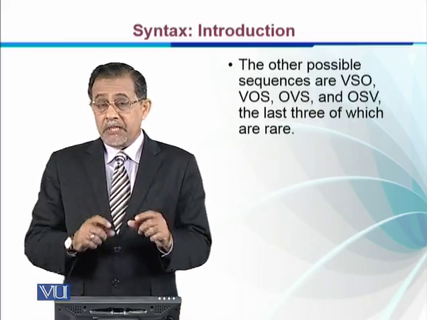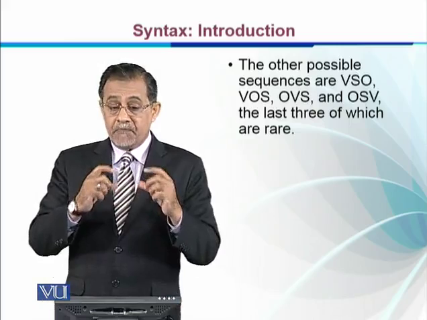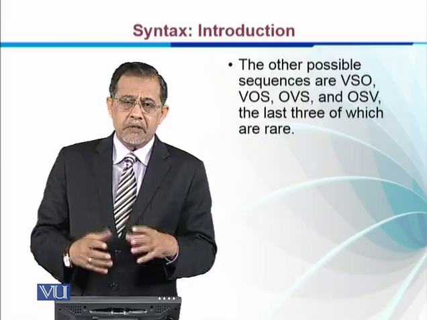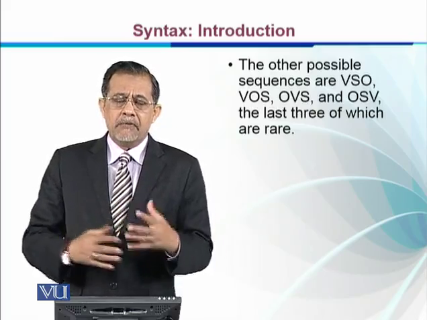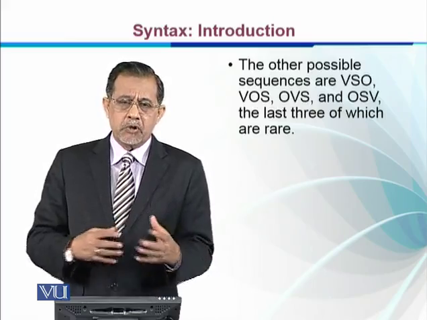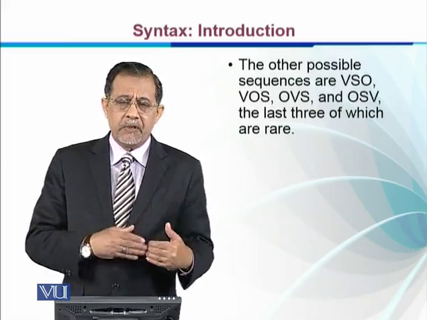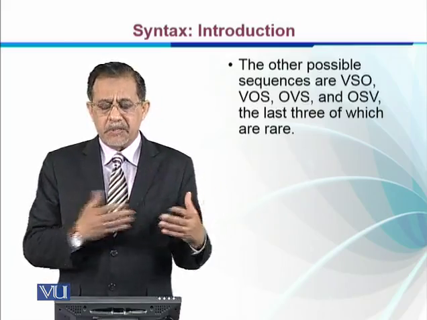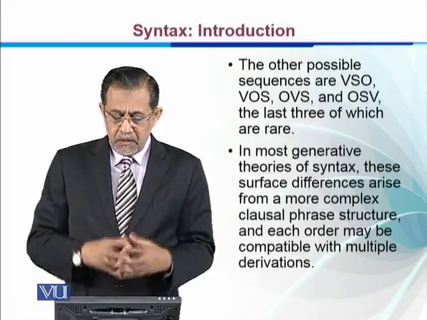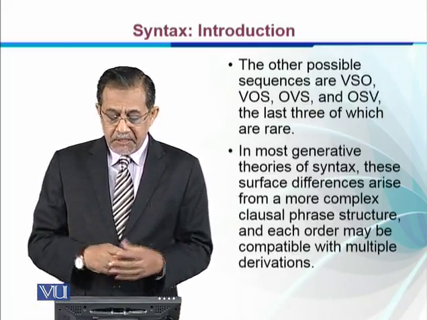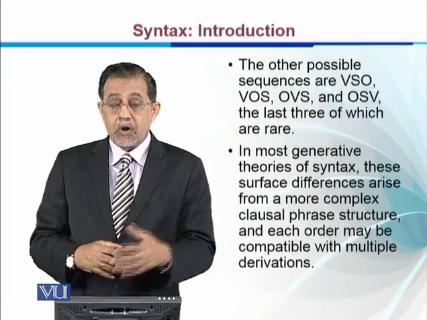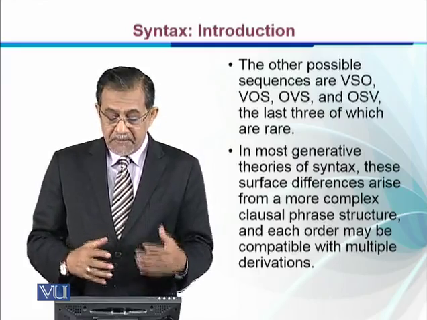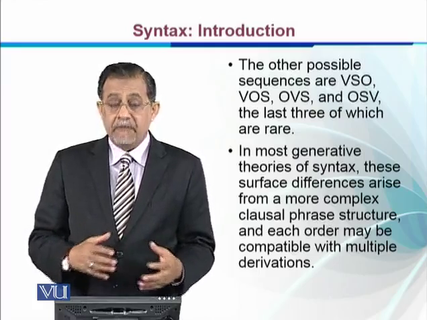When we are talking about this arrangement, we mean that this is the syntax, the usual order of the sentence. However, sometimes even in English, for style purposes, we change the places of these elements: the subject goes to the end, the verb comes first, etc. In most generative theories of syntax, these surface differences arise from a more complex clausal phrase structure, and each order may be compatible with multiple derivations.